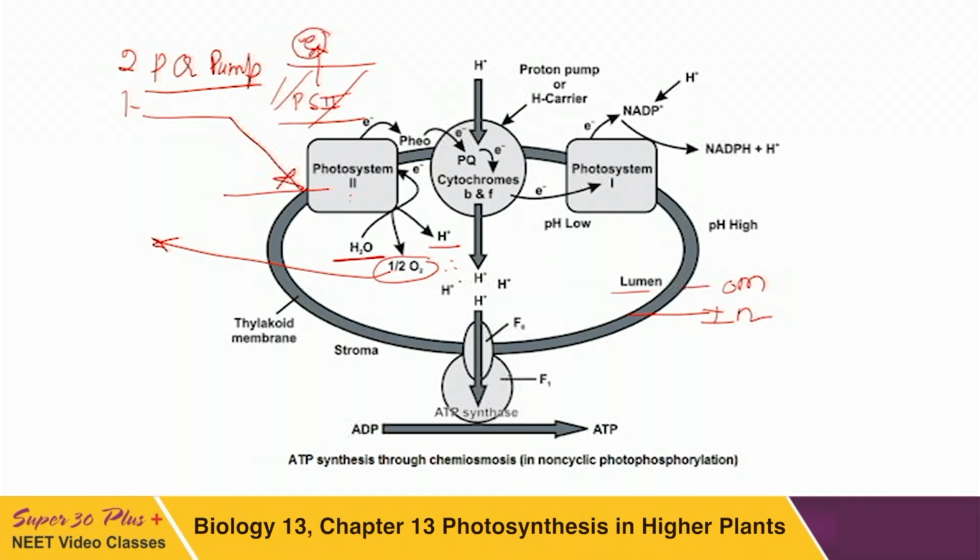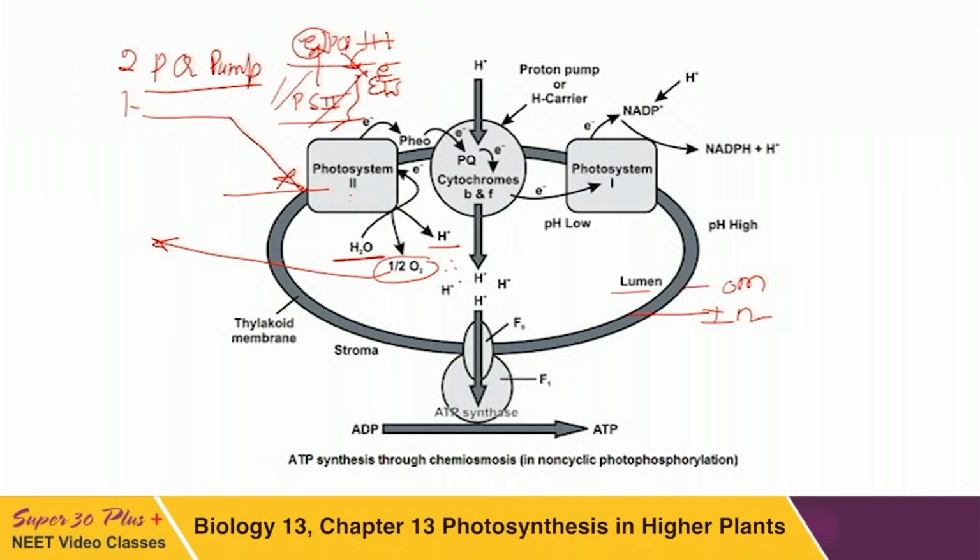Now this electron will go to this carrier. From there the electron goes to the electron transport system. Here it will accept the hydrogen, so that hydrogen ions and the electron become hydrogen. And now when this electron is passed on to the electron transport system, these protons will be released here. So that is known as the proton pump.